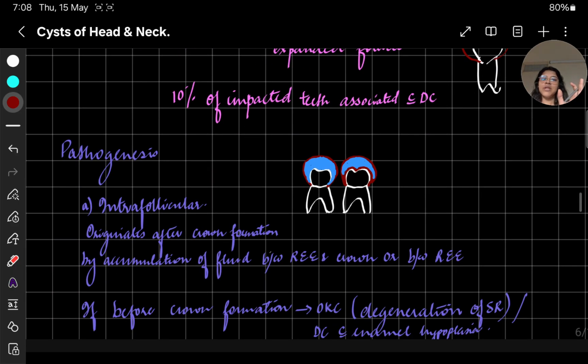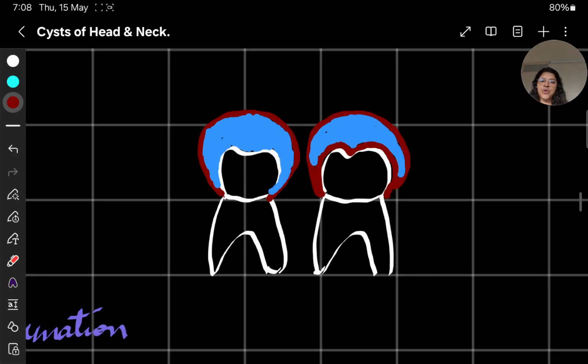Now we are going to learn about the pathogenesis. So pathogenesis could be intrafollicular. Intrafollicular, within the follicle, originates after the crown formation. So you have the crown formation already. So there could be accumulation of fluid between the reduced enamel epithelium and the crown. Like in this picture, you have the reduced enamel epithelium and you have the crown and you have accumulation of fluid.